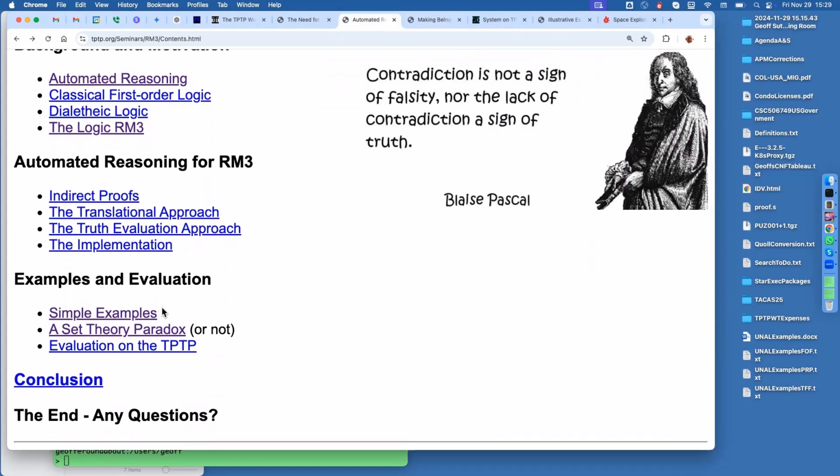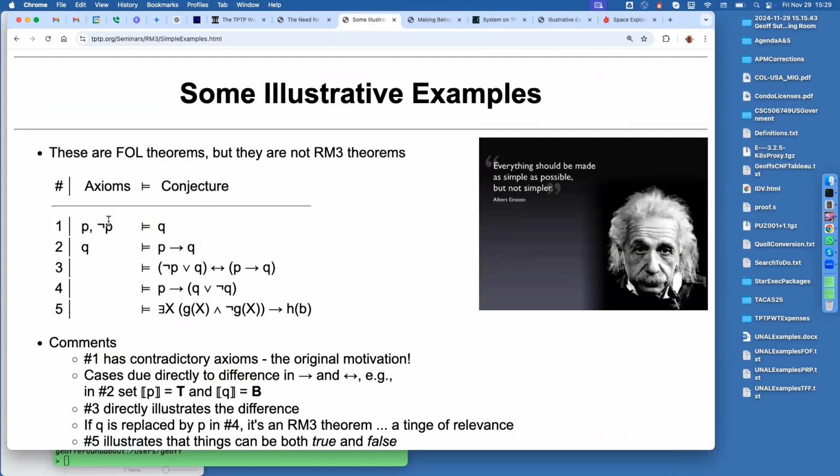Let's take some examples. Now, so we know this is some logic. Here are the axioms, and here's the conjecture. We know in classical first-order logic, if we have the axiom Q, can we prove that P implies Q? If you know Q, does P imply Q? Well, yes, it does.